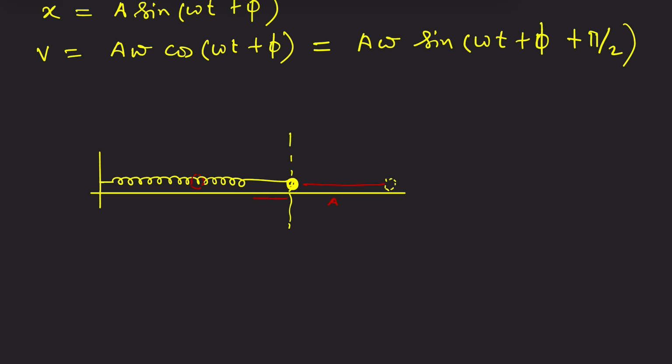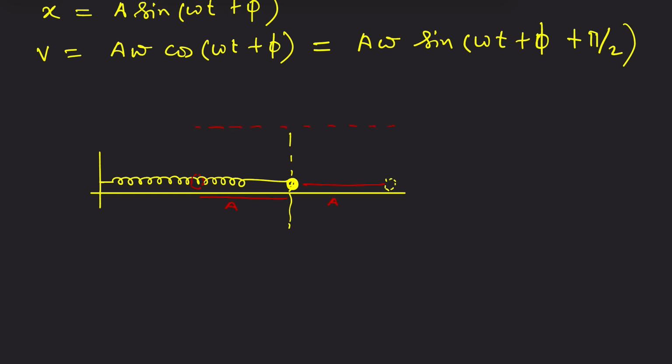When the particle is at the mean position, the velocity is at its maximum. Means when your particle position is 0, velocity is maximum. When your particle reaches the positive extreme, your velocity is 0.